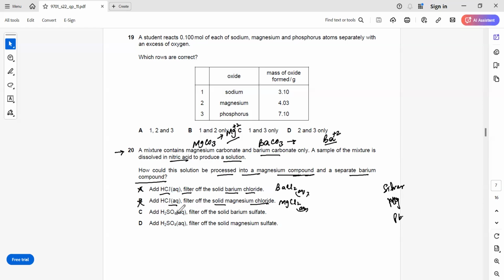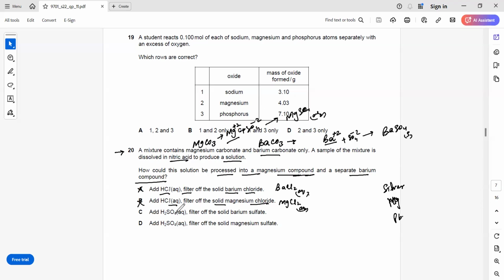They are saying add sulfuric acid. If we add sulfuric acid to these solutions, what happens? The sulfate will combine and give barium sulfate, which is insoluble, while magnesium, when combined with the sulfate ion, will give us magnesium sulfate, which is soluble, aqueous.